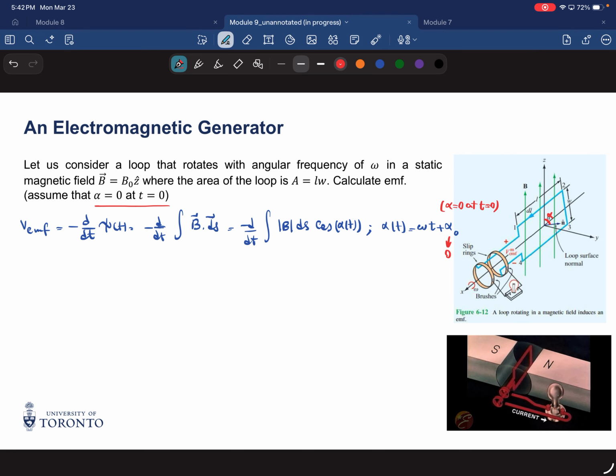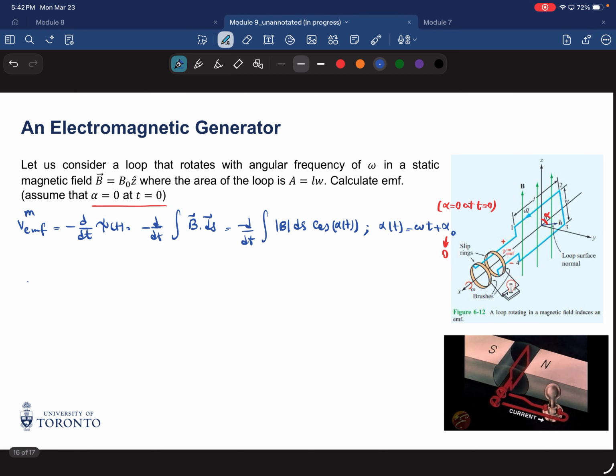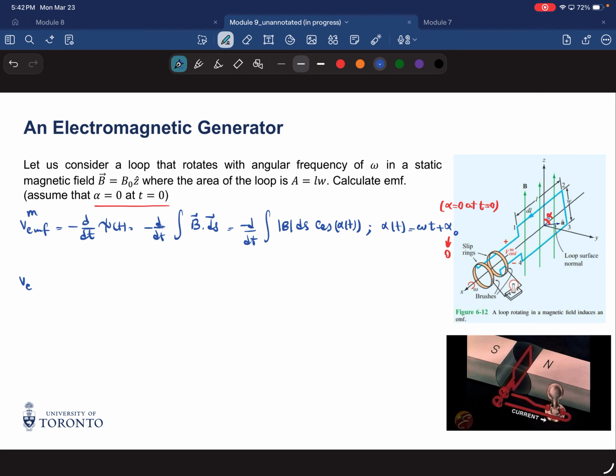So alpha of t simply can be written as omega t. So I'm going to call this motional one, Vm, motional, because it's the motion that is causing this. Amplitude of B, dS cosine omega t.